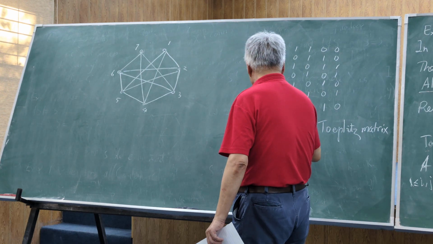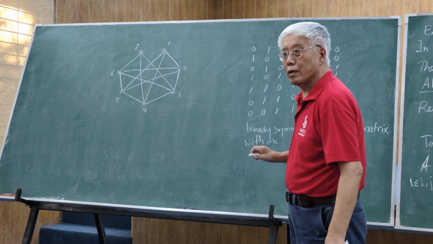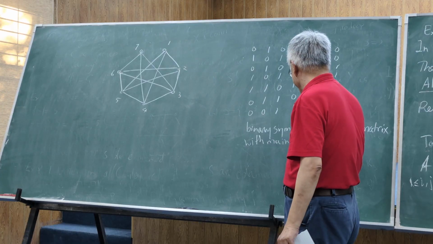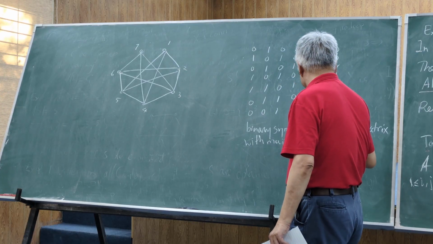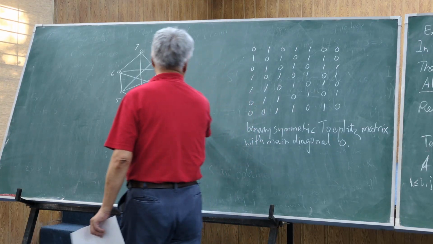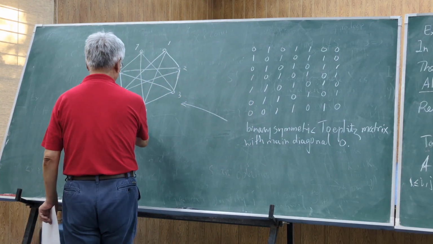Why do we call it binary? Correct, 0, 1. All 0. And we get this graph. Here is the graph now.